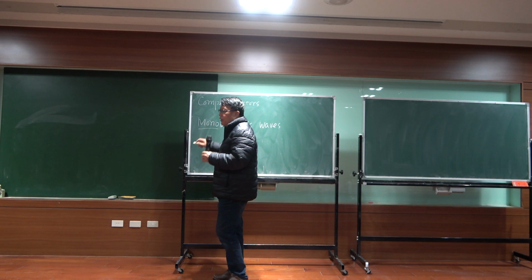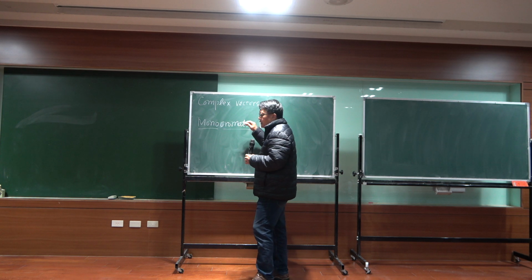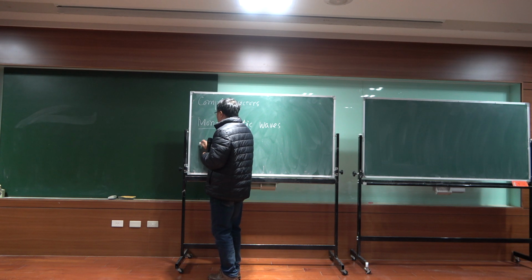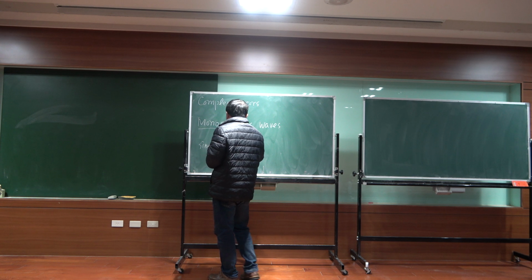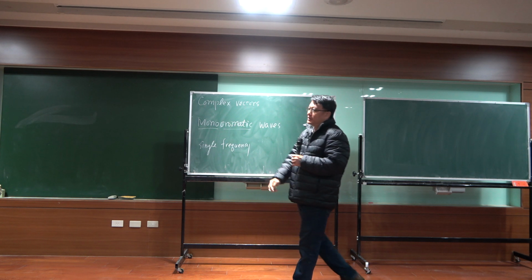Mono means single. Chromatic. Monochromatic means single frequency, only one frequency.